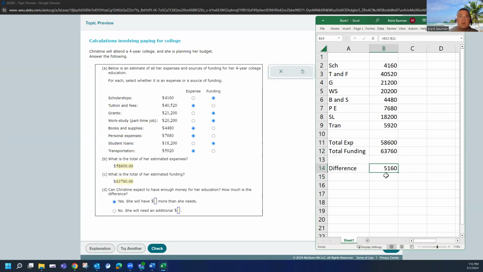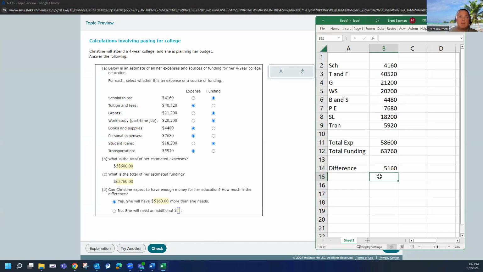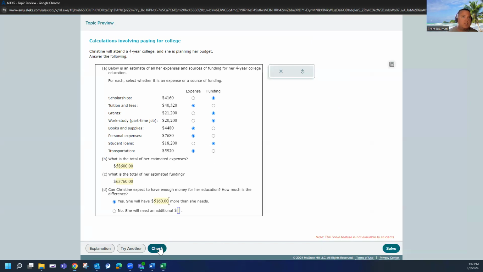And our difference is, we're going to have enough, so it's more, and it's 5,160. Okay, so we have all of our values plugged in. We can double check them to make sure they're looking right. 63,760, 5,160. We've labeled all of our parts, and we'll go ahead and check it.